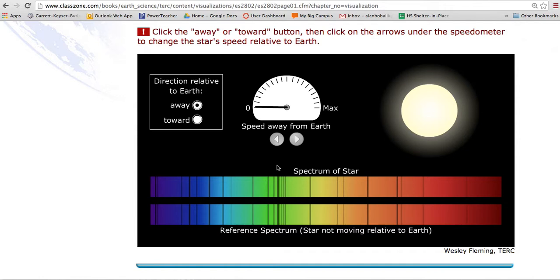or away from us. If it's moving away from us, we see those absorption spectrums shifted a little bit. And it's no accident that a star that's moving away from us is shifted in one direction and a star that is moving towards us is shifted in the opposite direction. The reason being, let's go back and look at our electromagnetic spectrum.